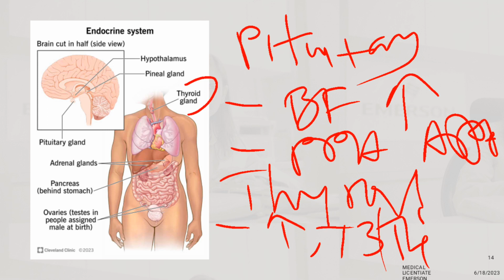Normally in pregnancy, T3 and T4 are going to increase. Then the free T3 and T4 do not necessarily change. So when you have thyrotoxicosis in pregnancy, just bear this in mind.